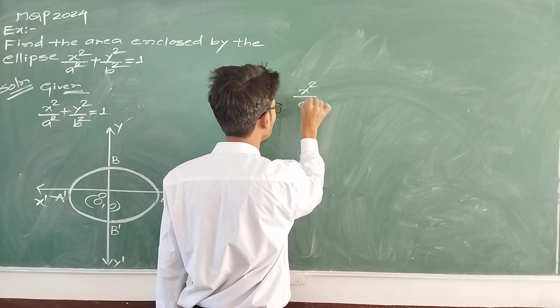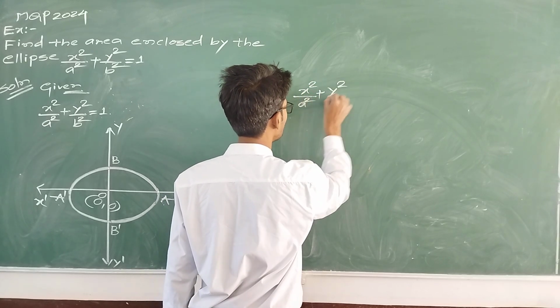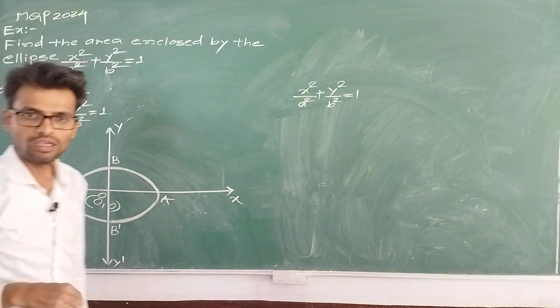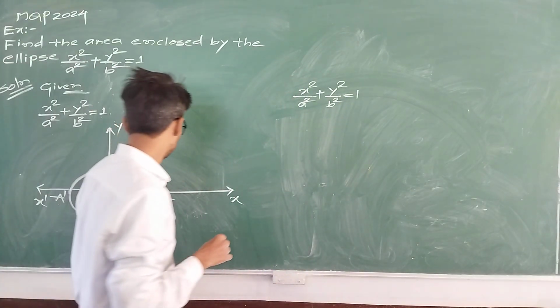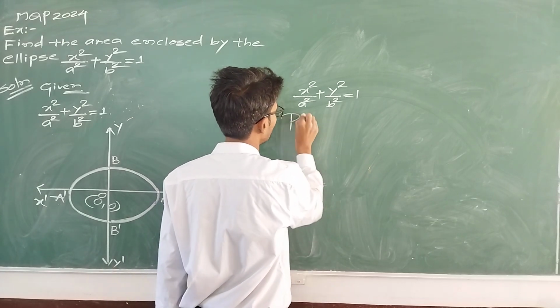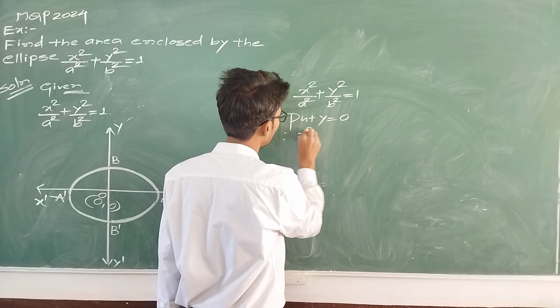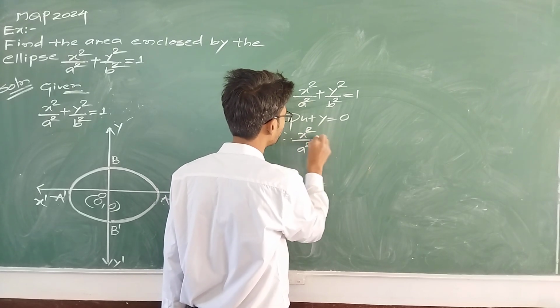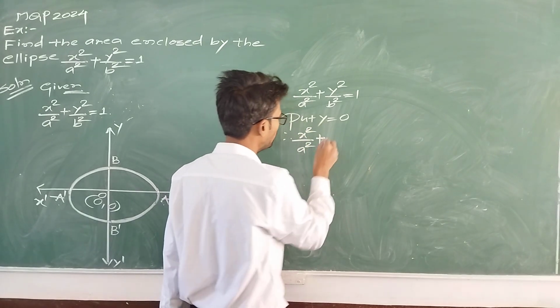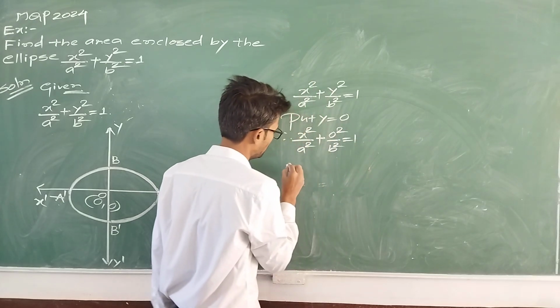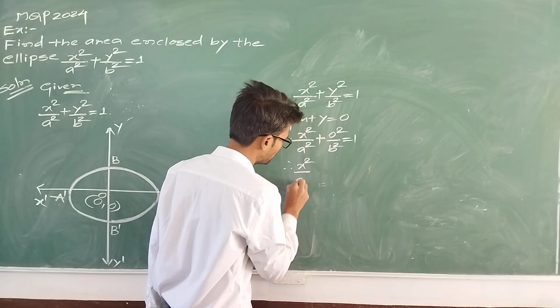So I will write the equation of the ellipse x square by a square plus y square by b square equal to 1. In this, you first take the value of y as 0. So therefore, I will write x square by a square plus 0 square by b square is equal to 1. Therefore, x square by a square you write as it is.